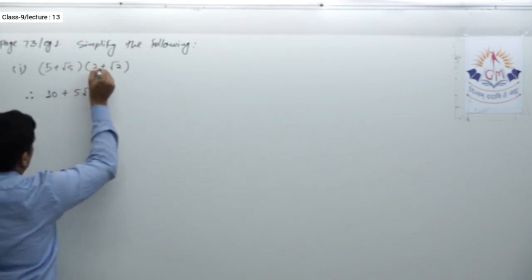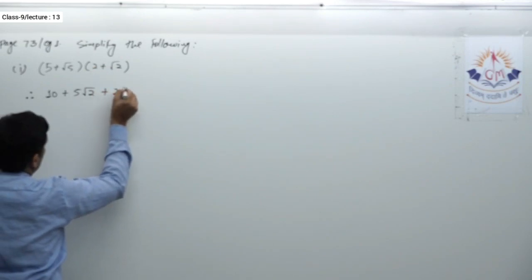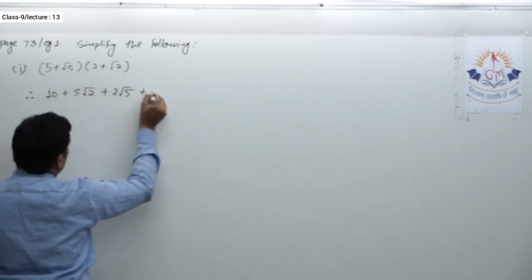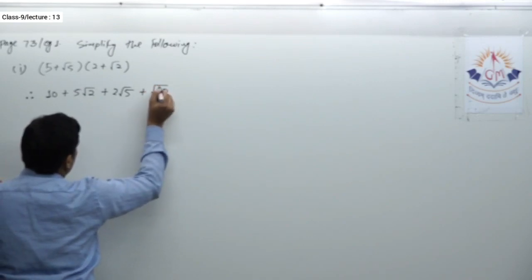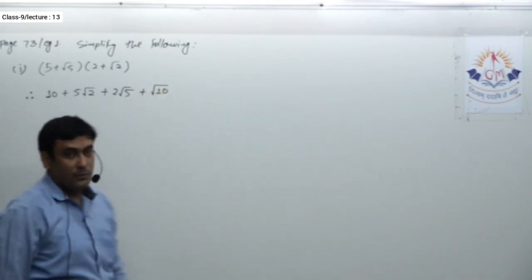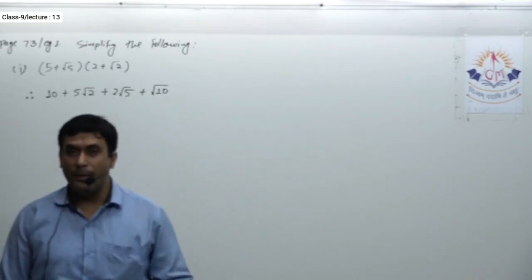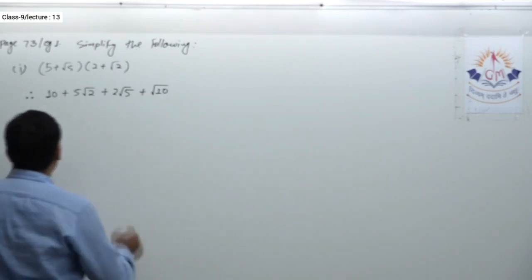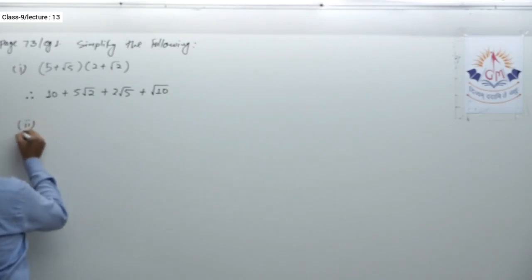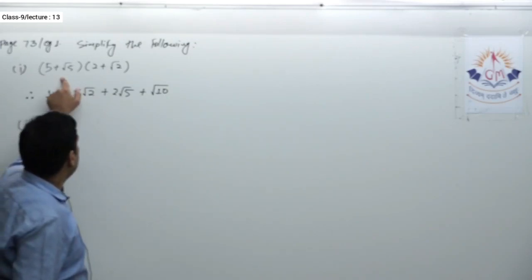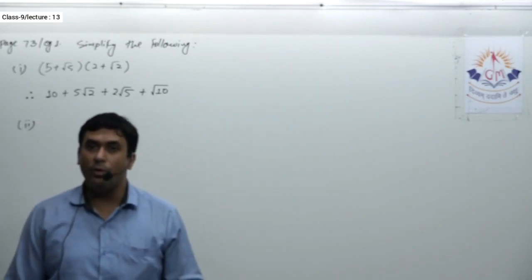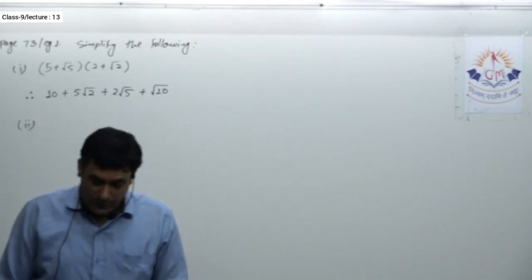Then root 5 multiplied with 2 is 2 root 5, and here root 5 into root 2, so I write root 10. That's it. This is the answer. So simply you have to apply the simple multiplication that you had learned in your previous classes. The only thing is that instead of direct values, here you may get values which are within the root or might be within the cube root and so on.